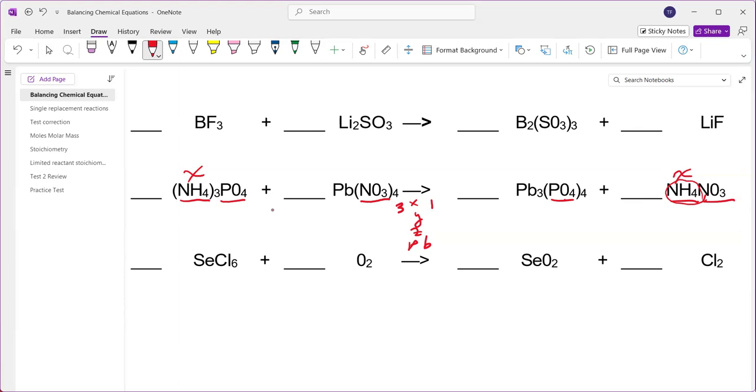Okay, if we put phosphate as a Y, how many Y's do we have on the left? How many Y's on the right? 4. And let's make the nitrate as Z. So how many Z's on the left? 4.